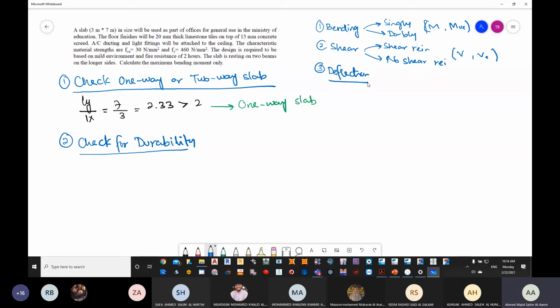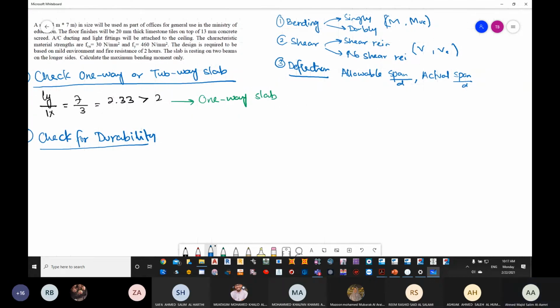In deflection, you used to check something called allowable span by depth, and then actual span by depth, through what we call the modification factor. So once again, bending, shear, deflection.